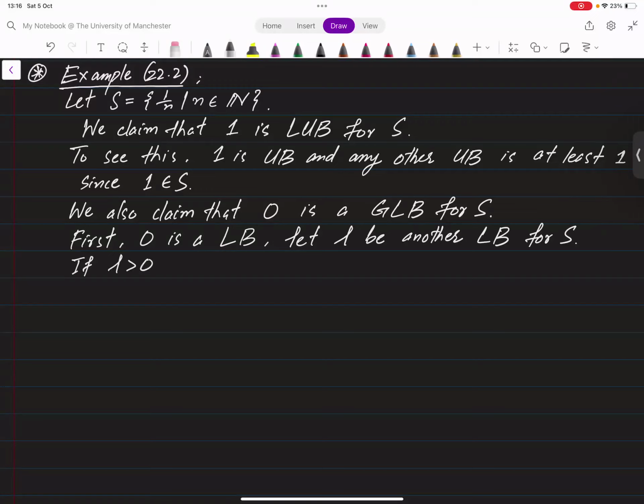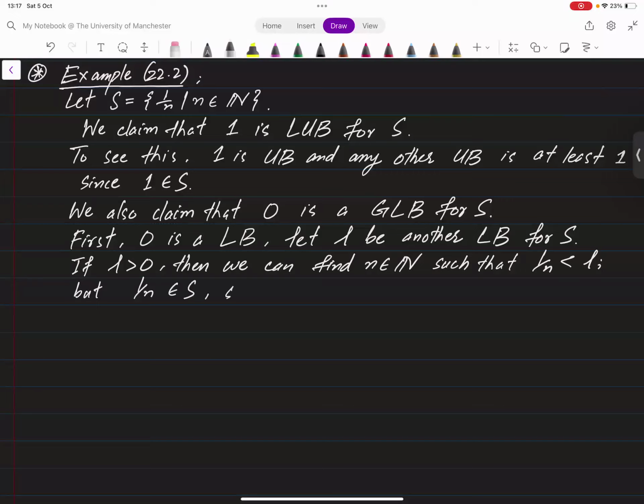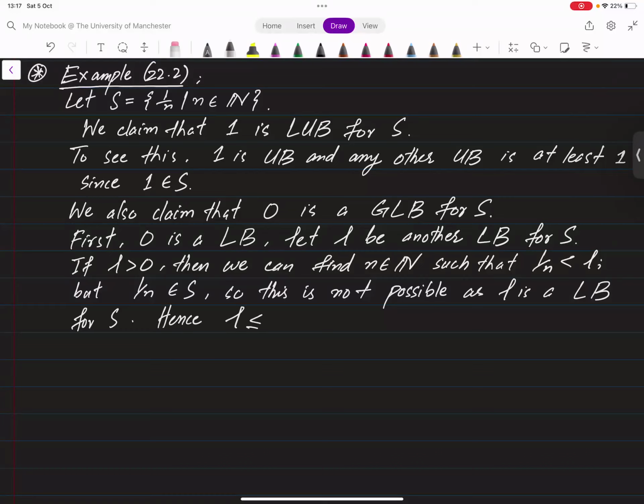If L is greater than 0, then we can find n in N such that 1 over n is less than L, but 1 over n is in the set S. So this is not possible as L is a lower bound for S. Hence, L is less than or equal to 0.